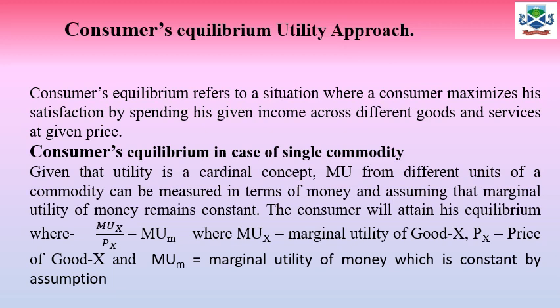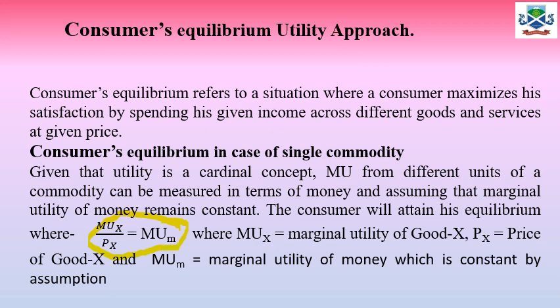So this is the main condition of the equilibrium under cardinal approach for single commodity, that is MUX by PX is equal to MUM. This one is the main condition.